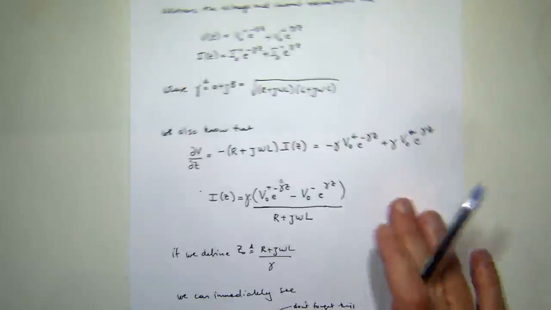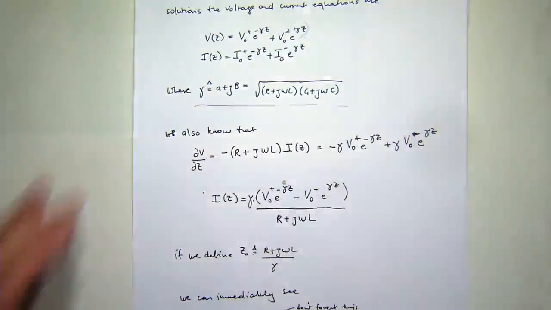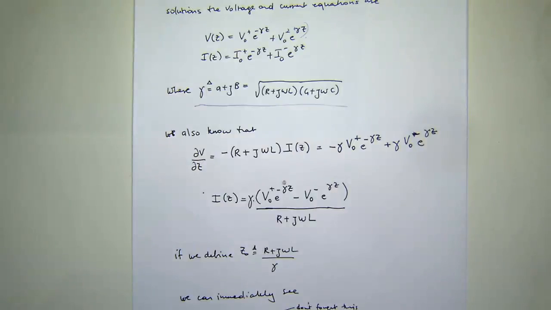I said this is our propagation constant, and it's written in terms of R, L, G and C. Resistance, inductance, conductance, capacitance. If I had a lossless transmission line, what does R equal? Sorry? There's no R? Yes, that's right, because R is 0. What else goes to 0?